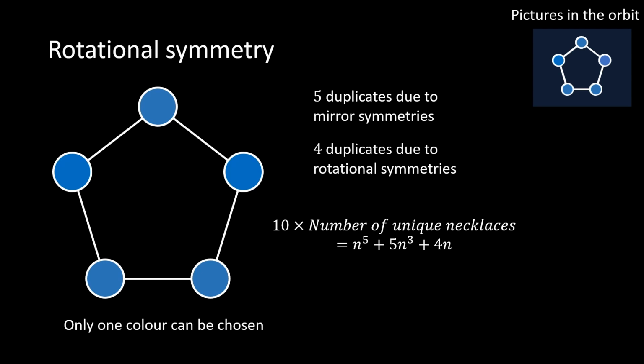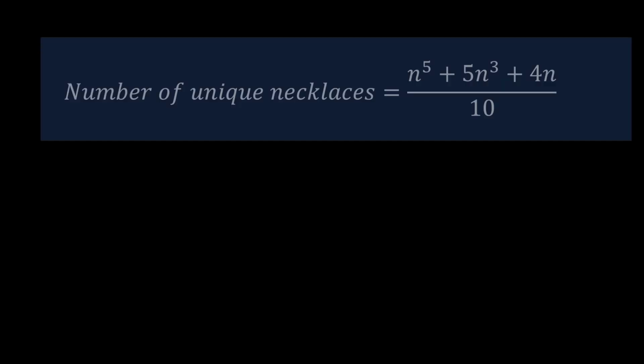We see that necklaces with symmetry are the ones where the orbits contain fewer pictures, but we have gone through all possible symmetries. Thus, the number of unique necklaces is n to the 5 plus 5n cubed plus 4n all over 10.